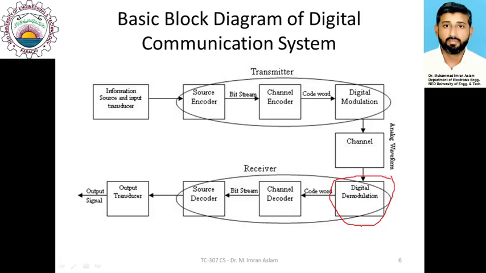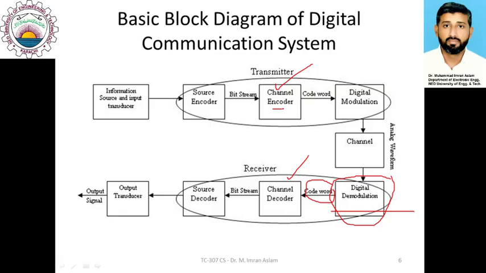Once the information is demodulated, whatever demodulated information is recovered is sent to the channel decoder. The channel decoder compares the received binary data with the original rule that we used to incorporate at the channel encoder side. On the basis of the rules that we set at the encoder side, the channel decoder makes a decision whether there is an error during transmission or not.